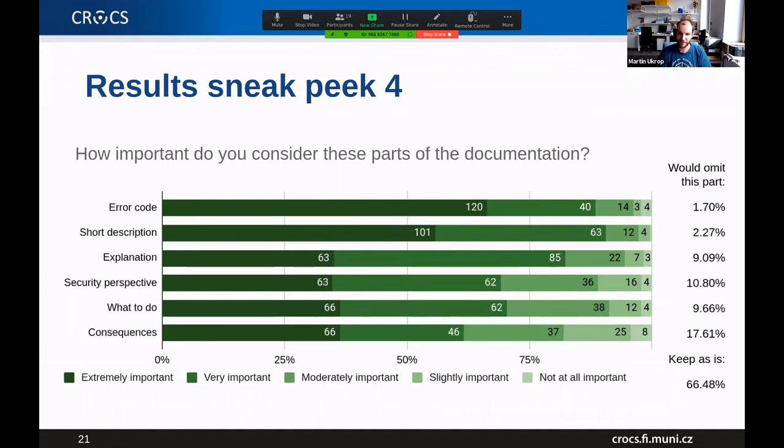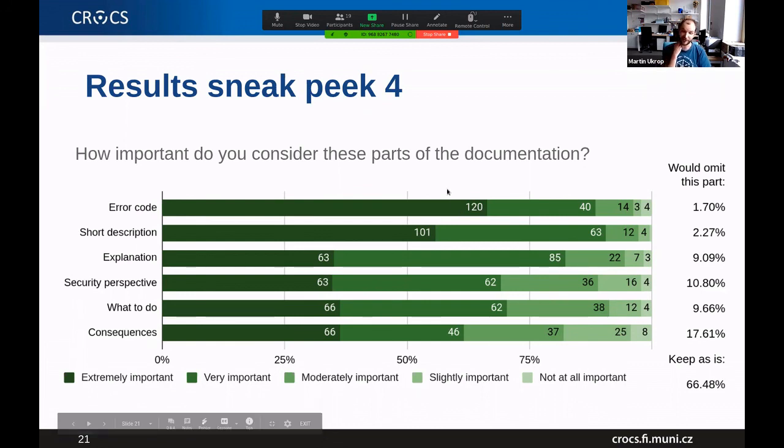As for the parts, as I mentioned, these were the parts that we had. It was the error code, the single line description, then explanation, security perspective, what to do, and consequences. We asked the participants how important they saw these parts to be. The error code was by far the most important.